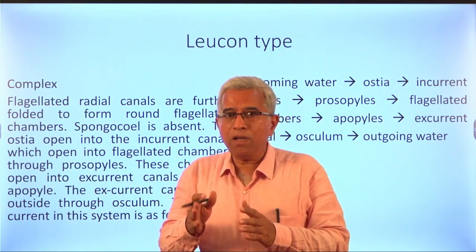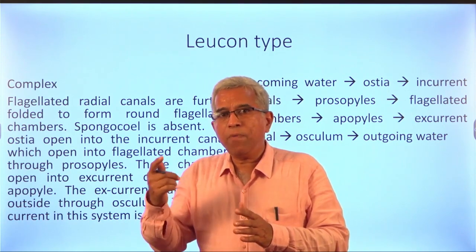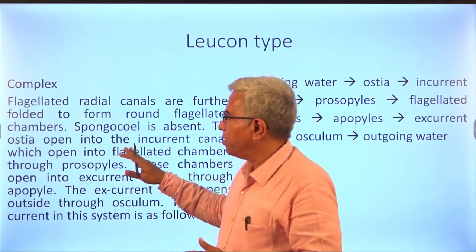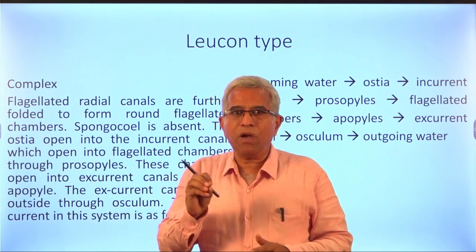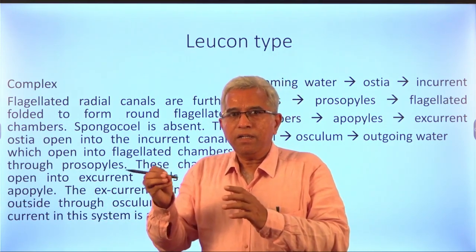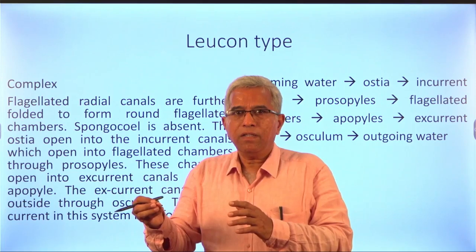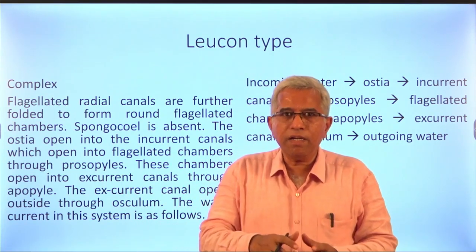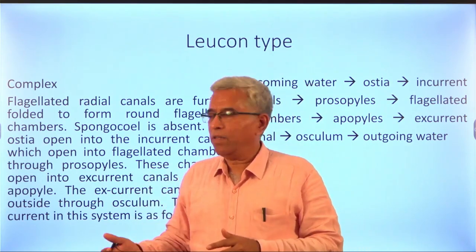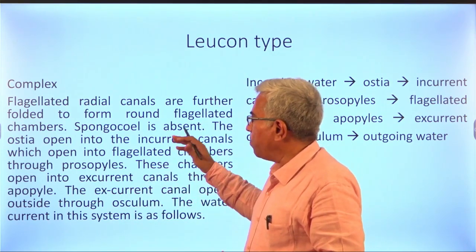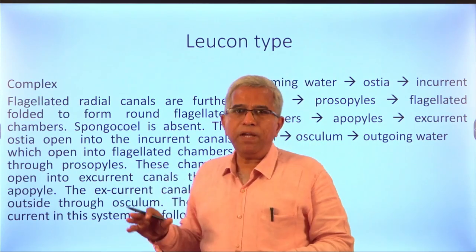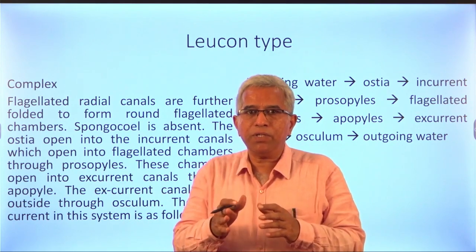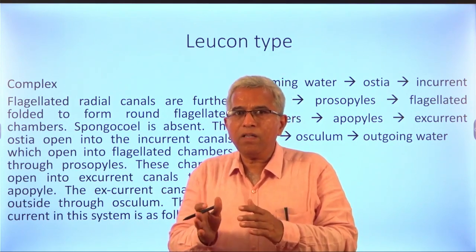If the excurrent canal is absent, the apopiles may communicate directly with the spongiocele, of course, but here in the case of Leucon type, because spongiocele is absent, the apopiles establish a communication between excurrent canals and radial canals. So that is about apopiles and prosopiles. Let me repeat. Prosopiles are the structures that establish communication between incurrent canals and radial canals.